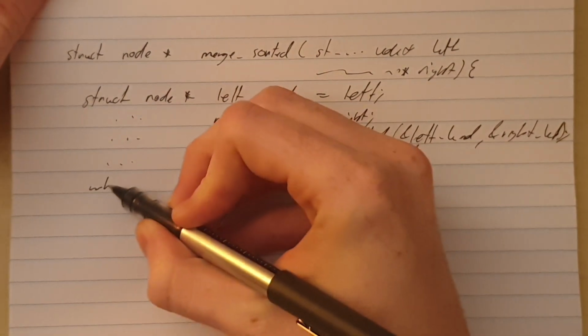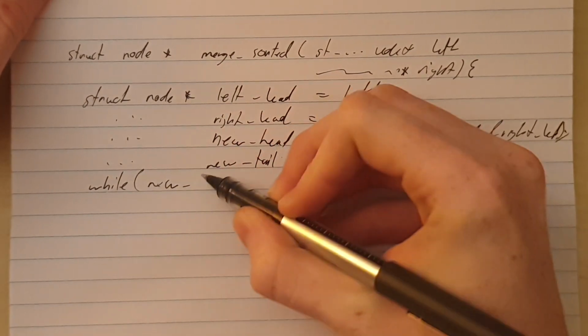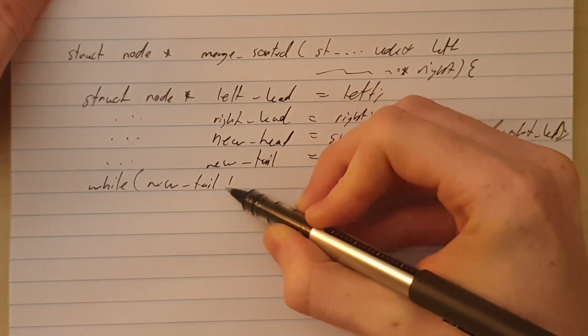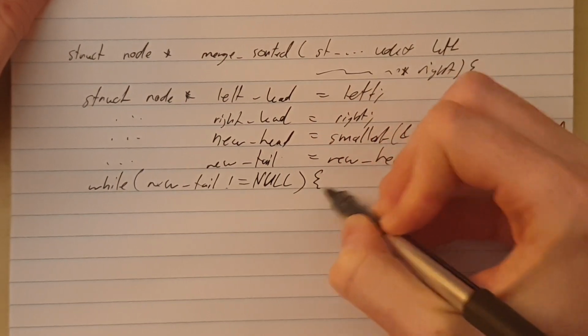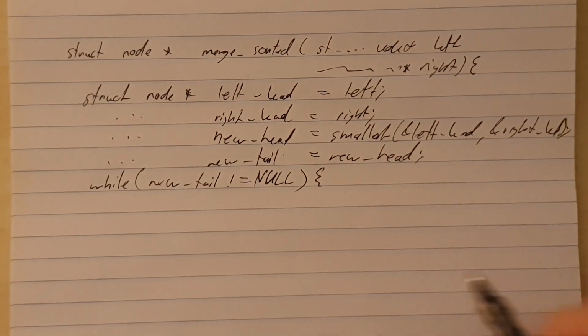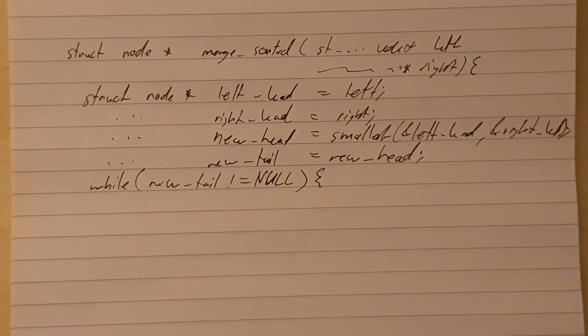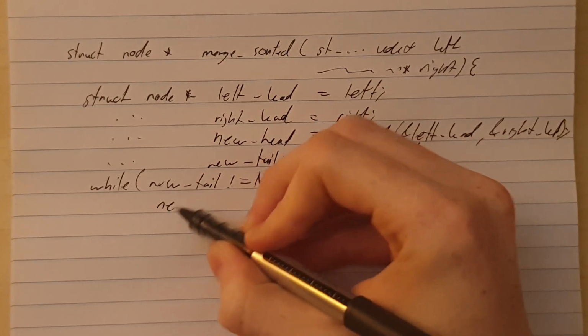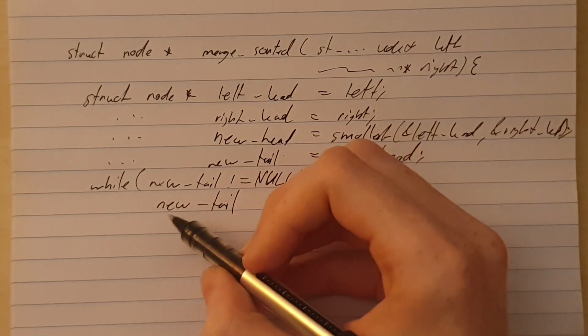And then we basically want to go until our tail is empty. So while new tail is not equal to null, right? We want to advance, which means we want to say, let me think of this. New_tail. We want to append the next smallest onto the list.